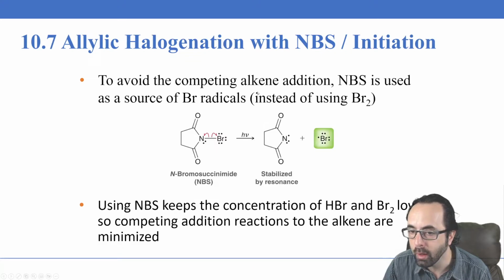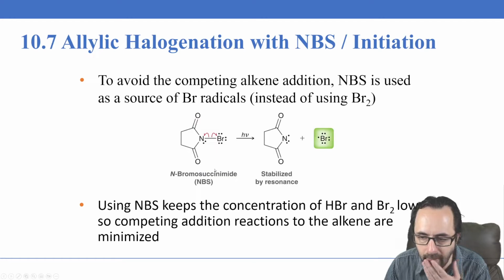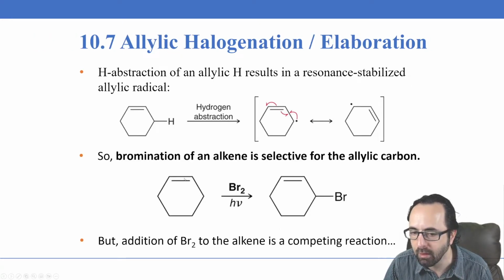If we want to avoid the competing alkene reaction here, we can use N-bromosuccinimide. Because remember, we can add bromine, right? We can have bromination.